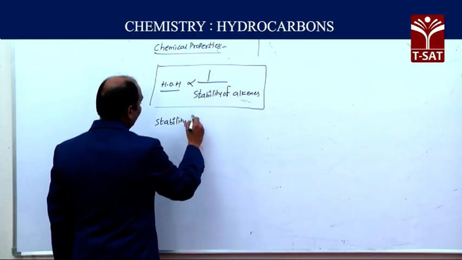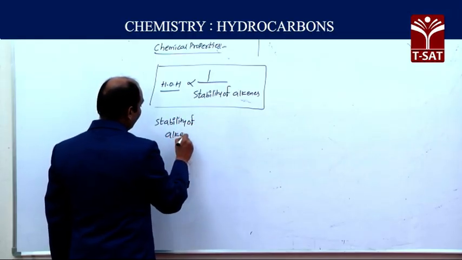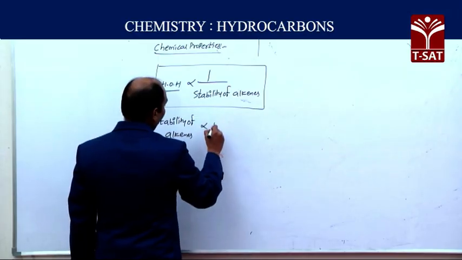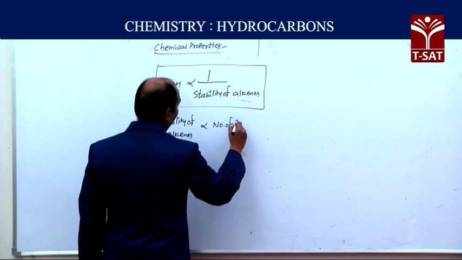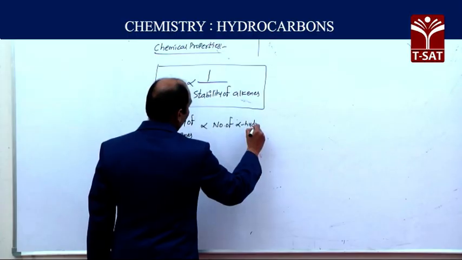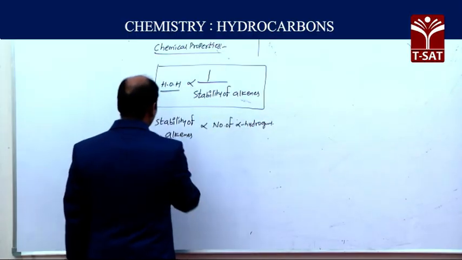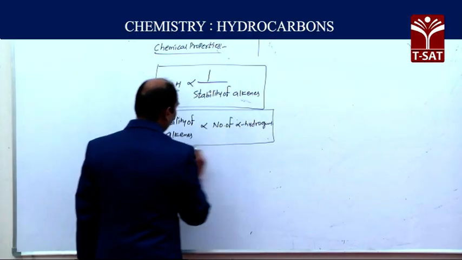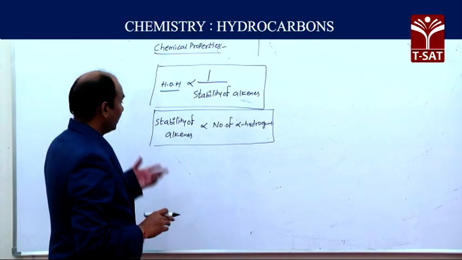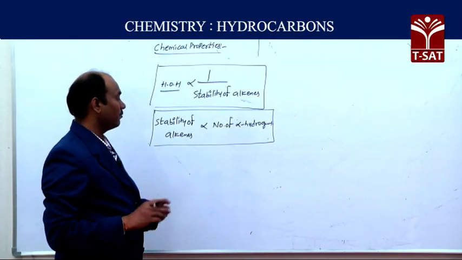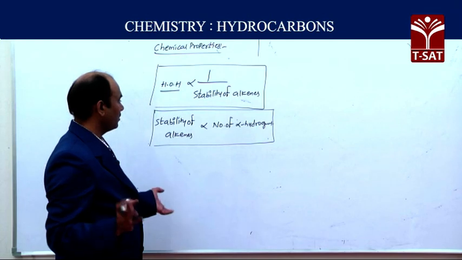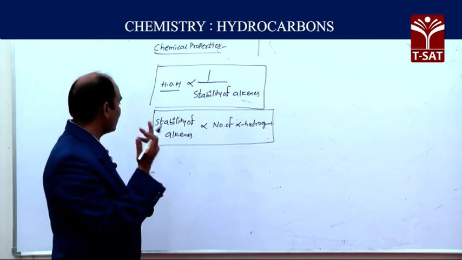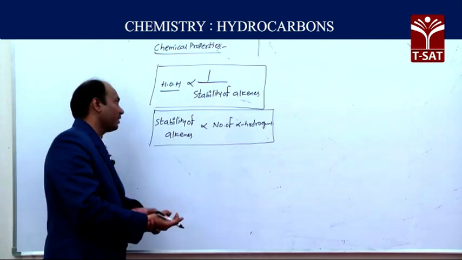Generally, the stability of alkenes is directly proportional to the number of alpha hydrogens. Based on the number of alpha hydrogens we can decide the hyperconjugative structures. As the number of alpha hydrogens increases, hyperconjugative structures increase. If the hyperconjugative structures increase, the stability of alkenes increases.